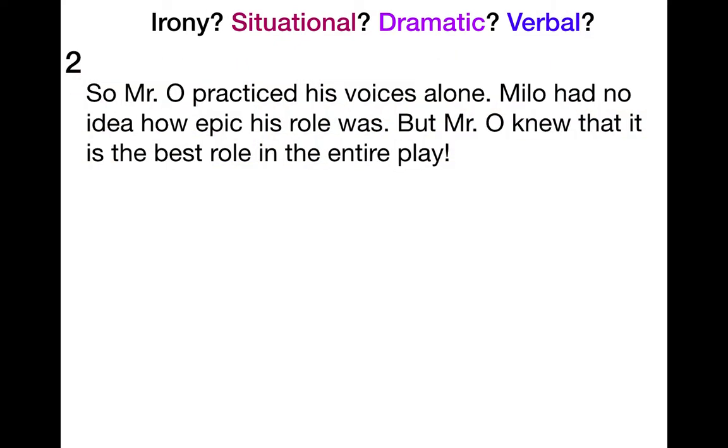Number 2. So Mr. O practiced his voices alone. Milo had no idea how epic his role was, but Mr. O knew that it is the best role in the entire play.